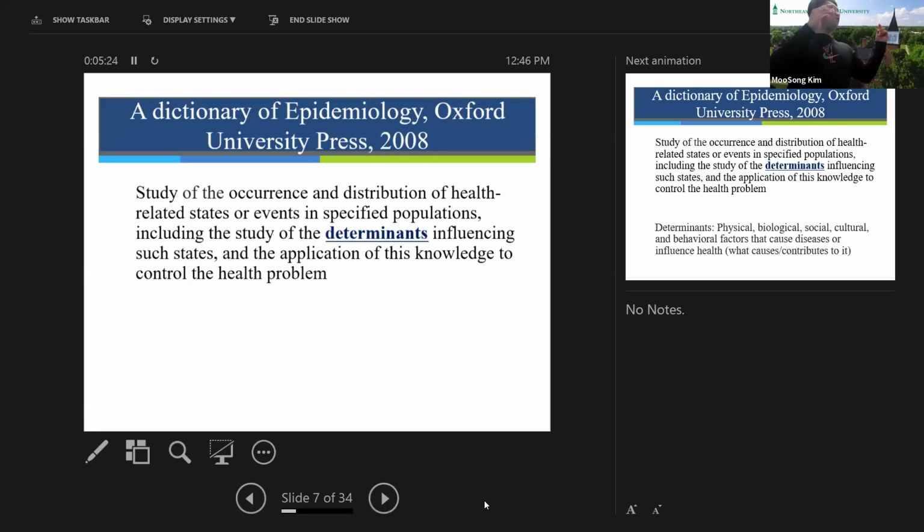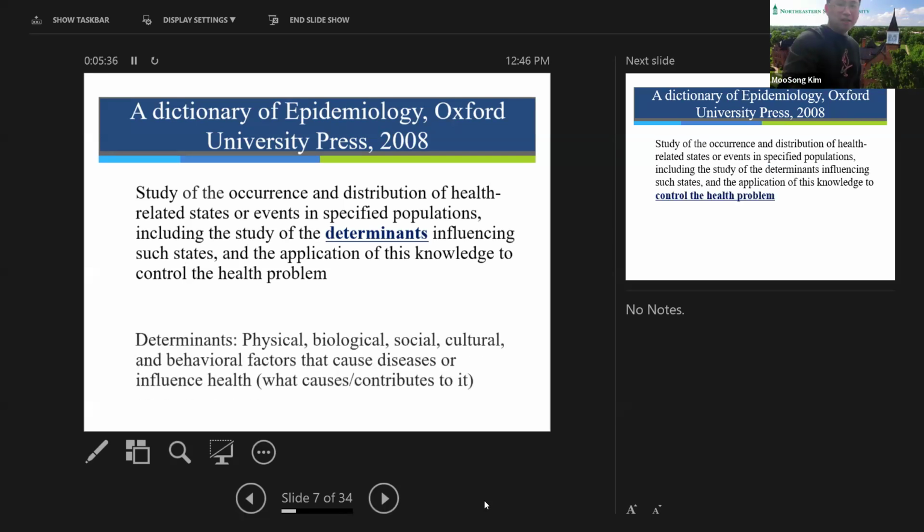So we also use scientific systematic approaches to identify these causes of disease. That is epidemiology. Physical, biological, social, cultural, and behavioral factors cause a disease or influence health, right? Actually, causes of disease are very, very complex.